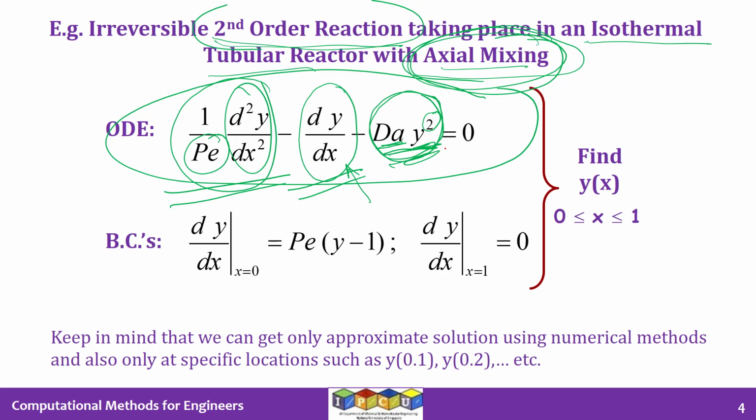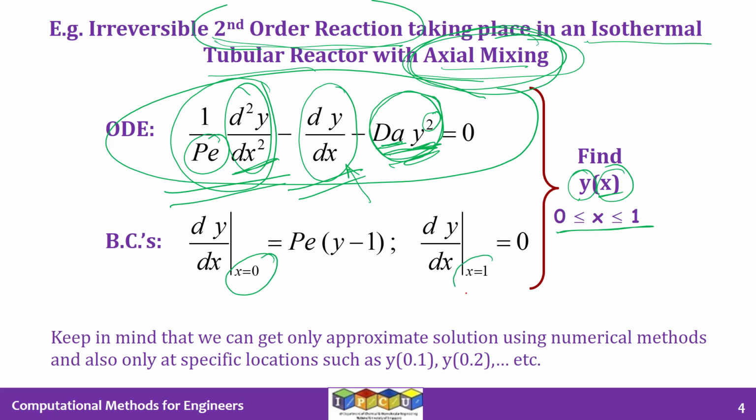So here we are interested in finding out y as a function of x. Y is the dependent variable and x is the independent variable, and the reactor length is scaled such that x goes from 0 to 1. So x may be a dimensionless reactor length. So two conditions are required to solve this problem because it is a second order ODE. So one condition is given at x is equal to 0.